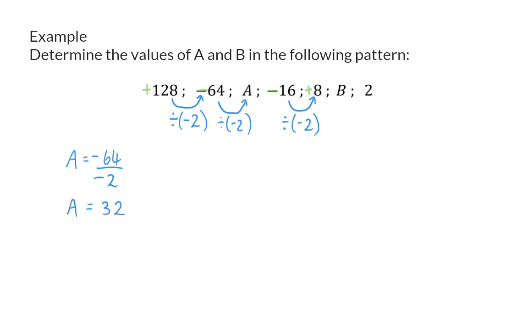So A is 32. The same happens to get B. Here we'll divide 8 by minus 2, and because we're dividing a plus by a minus, our next value will be negative, and 8 divided by 2 is 4.